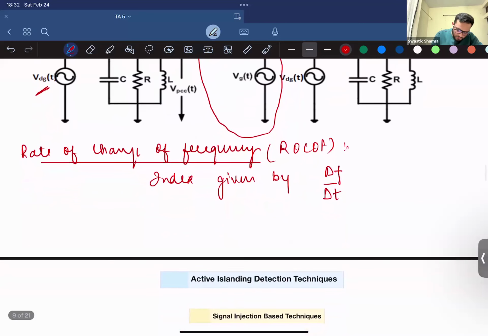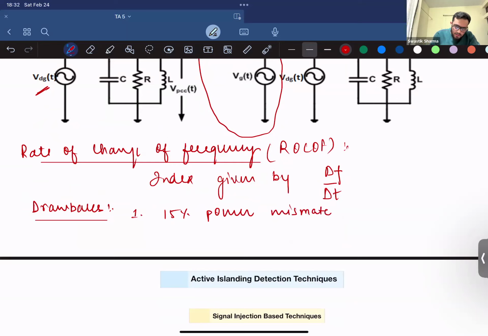Microgrid, sorry. But it has a few drawbacks. I won't tell how these drawbacks came. Ma'am has given a case study in her class. I would appreciate it if people check that. So one drawback is that it requires a 15% power mismatch. What does this mean?